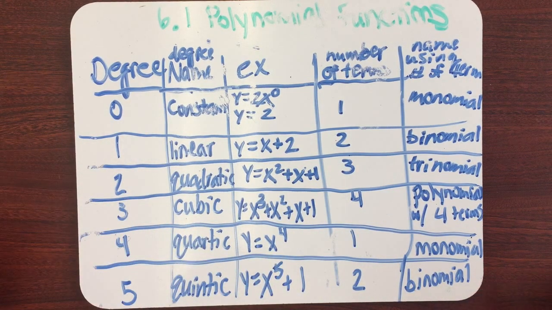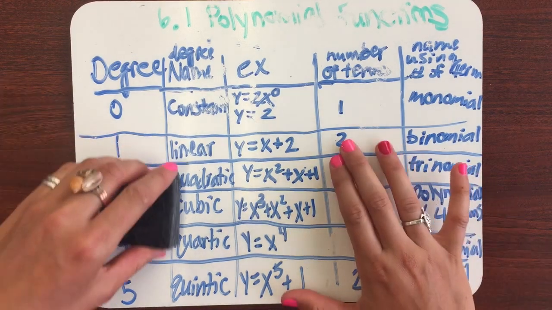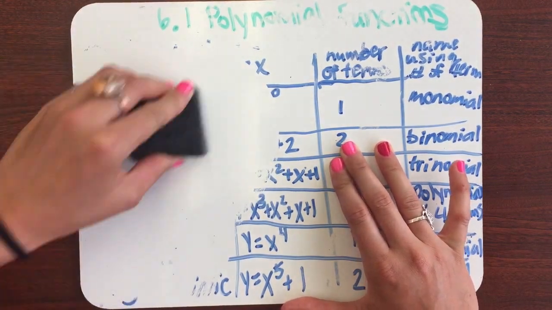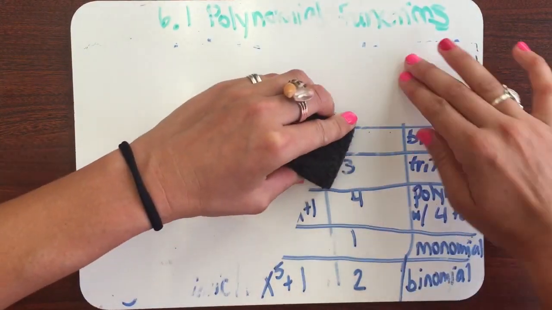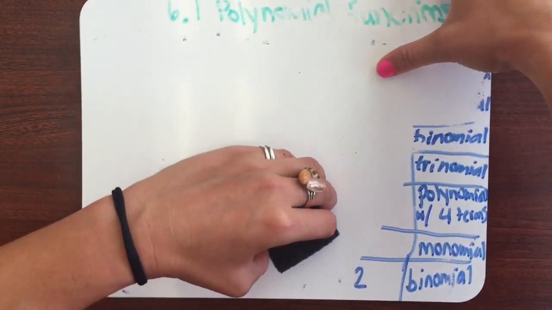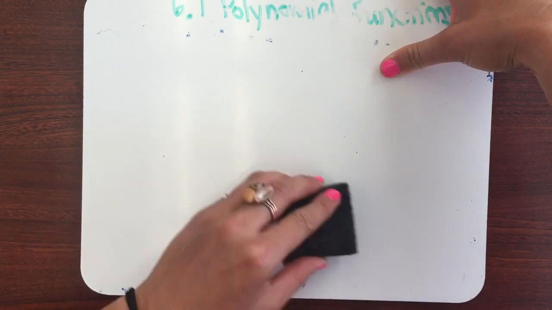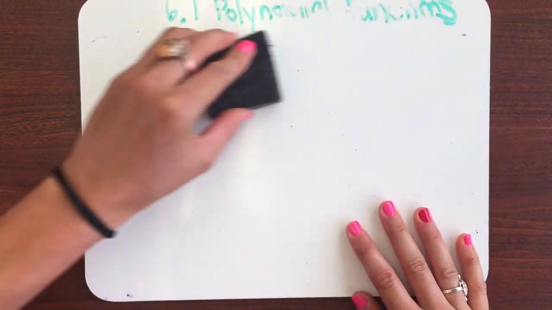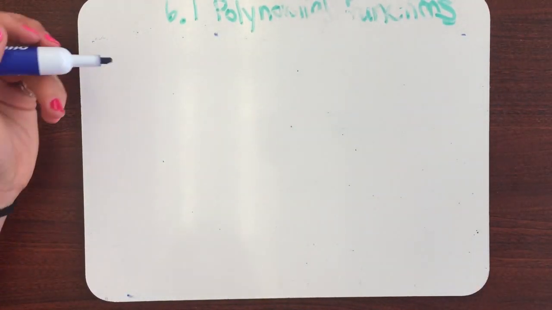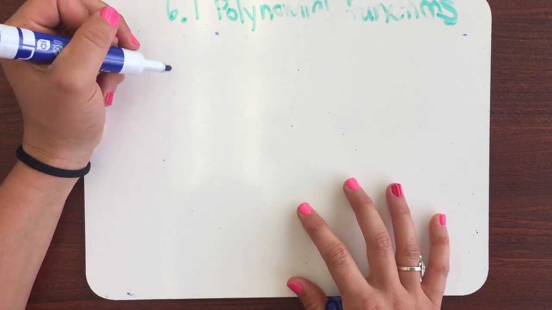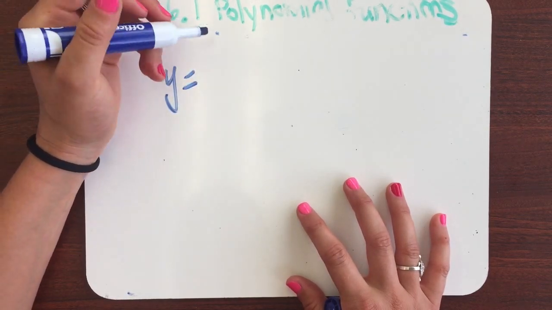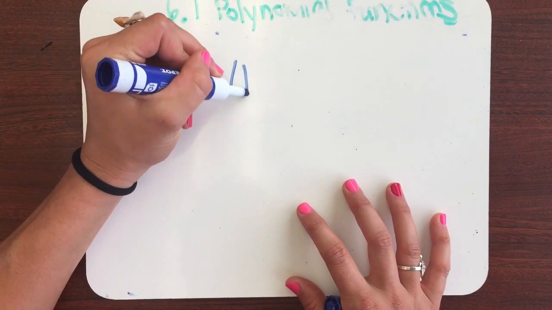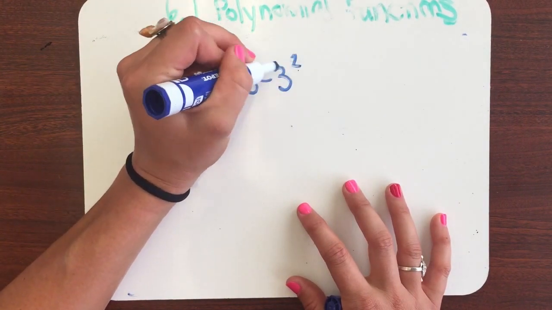So let's use all of this and try an example with classifying it. Let's say, for example, we have a polynomial, which is just the sum of monomials. Let's say we have y equals b times (b minus 3) squared.